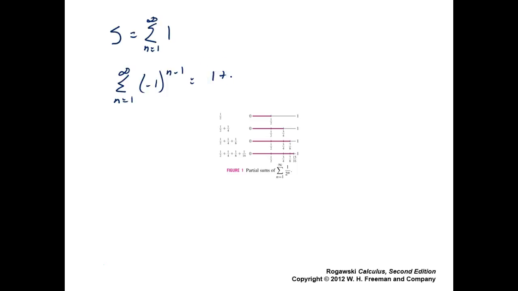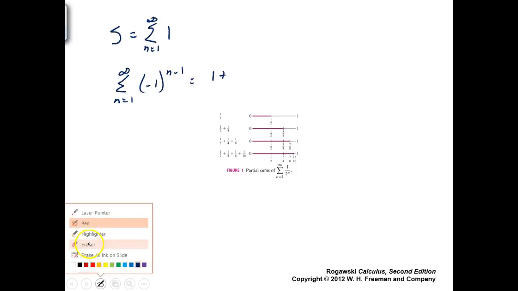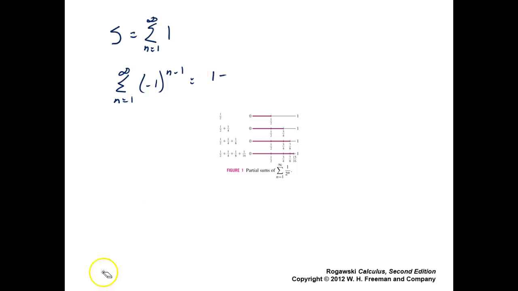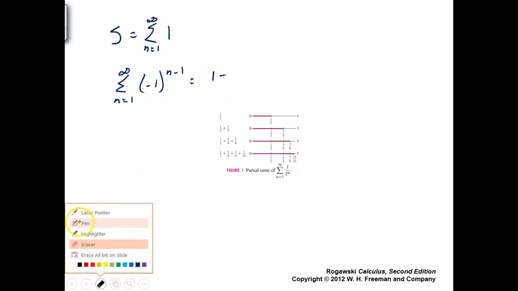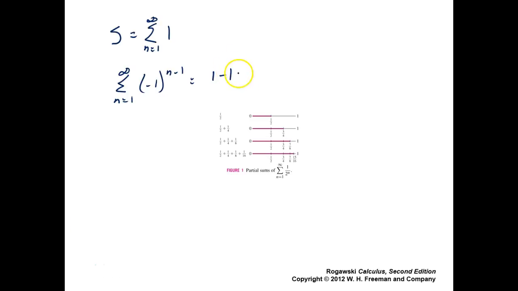Plus, because this is a summation, when n is equal to 2, what do you have? Negative 1, you're absolutely right. So rather than doing a plus, I'm just going to make that a minus 1. Plus, when n is equal to 3, it's 1 again. Next one: minus 1 plus 1 minus 1 plus 1.